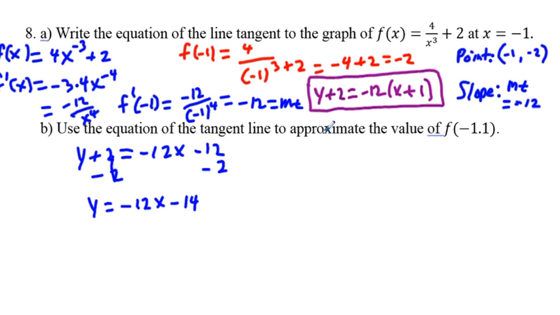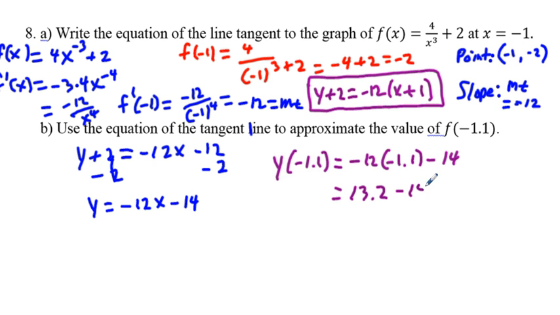And we're going to find the value of f of negative 1.1, so what I'm going to do is write y of negative 1.1 equals negative 12 times negative 1.1 minus 14. Well, negative times a negative is positive, and 12 times 1.1 is going to be 13.2.